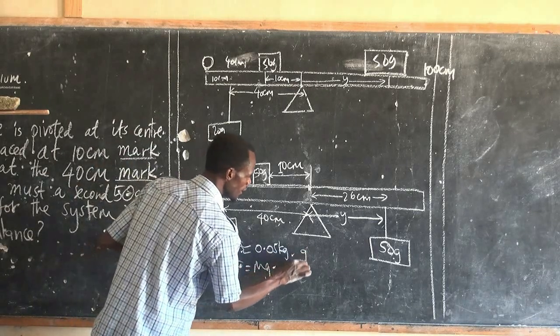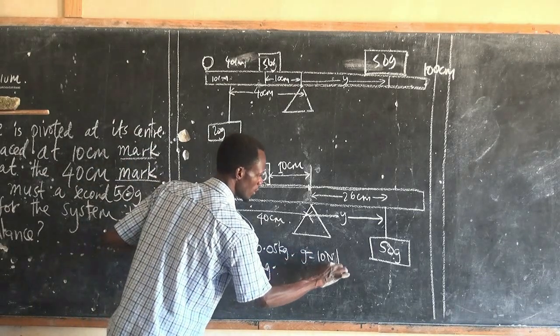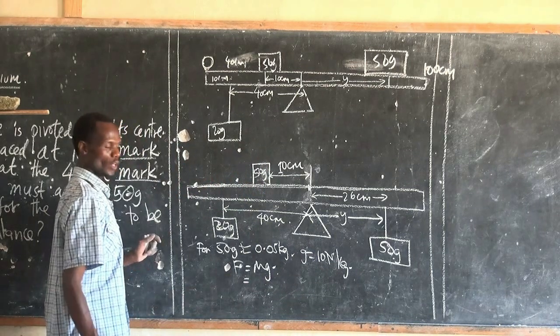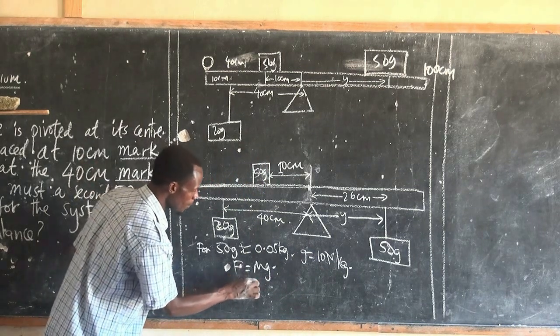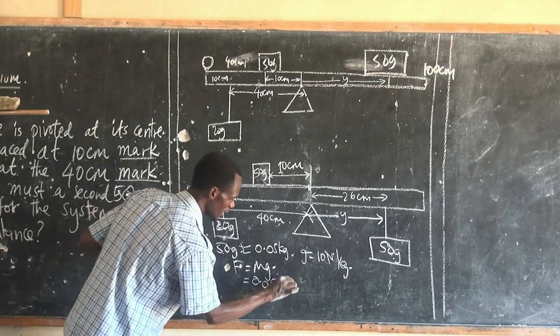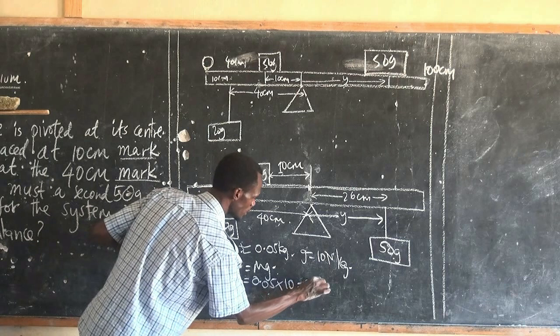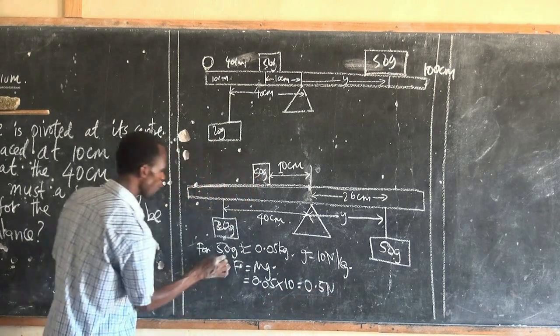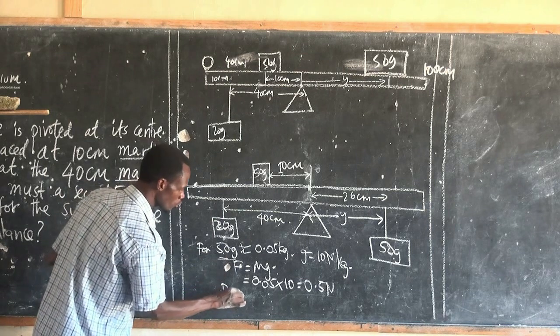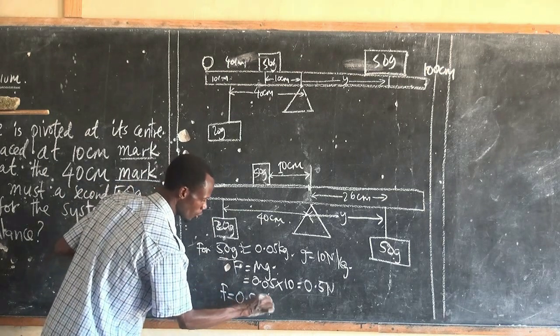But remember, g is equal to 10 Newton per kilogram. Then force is equal to mass, 0.05 times 10, which is equal to 0.5 Newton.